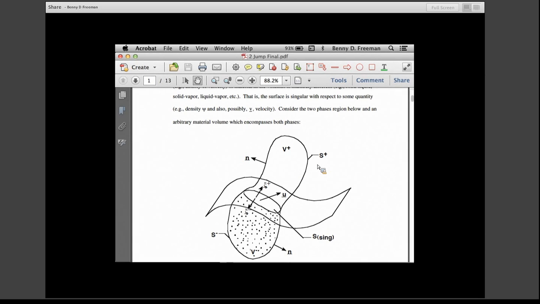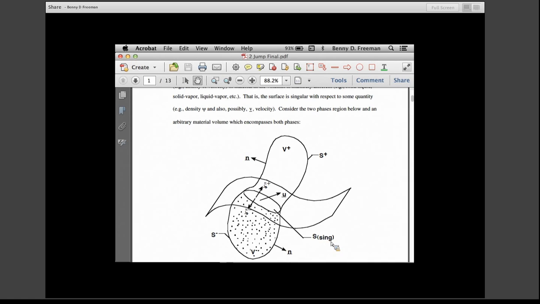S plus and S minus. There is also associated with this material volume a surface area associated with the phase interface, and that we'll call S sub-singular to denote that this is the surface where you have singular, or sharp, transitions in the physical properties like density and perhaps concentration and so forth.